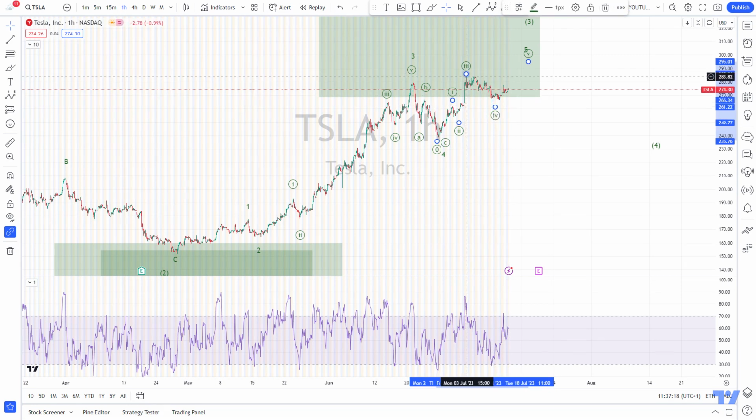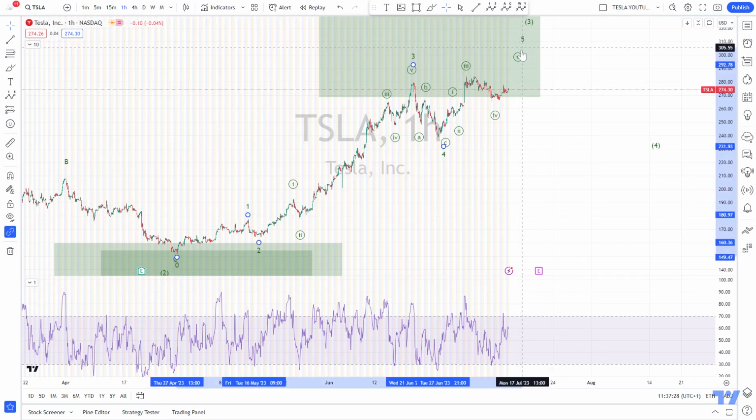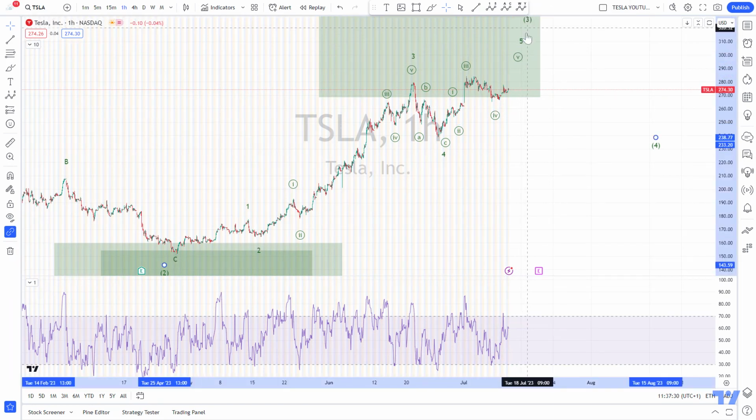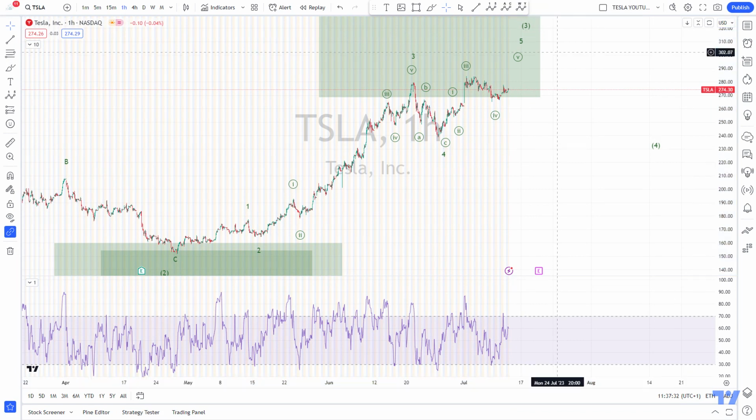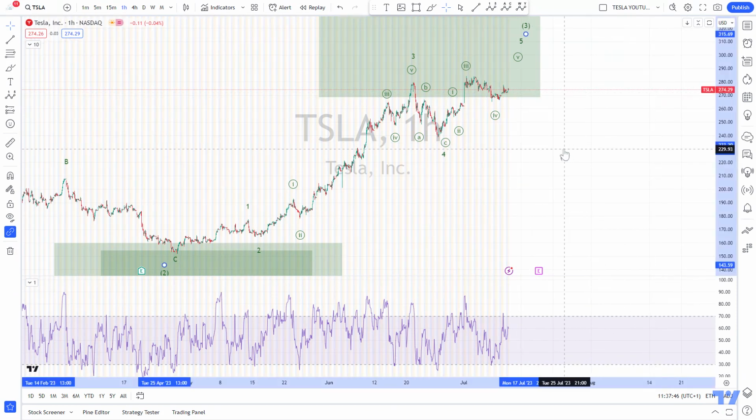We are doing a wave 4, and then we could see one more high, one more impulse up to finish this 5 of this wave 5 of this wave 3. This is my primary scenario for Tesla. A bit more upside, but a pullback might be near. Then we have a pullback as a wave 4.